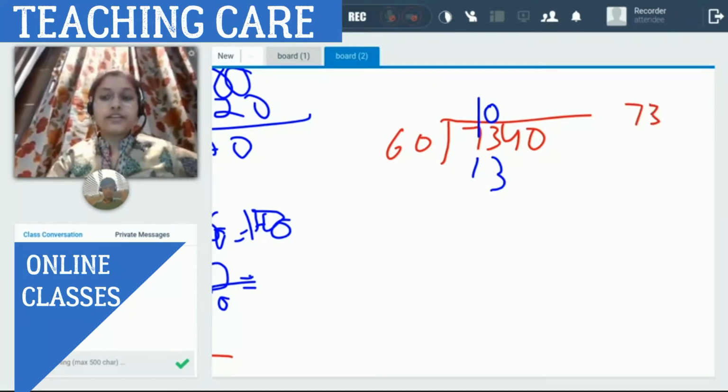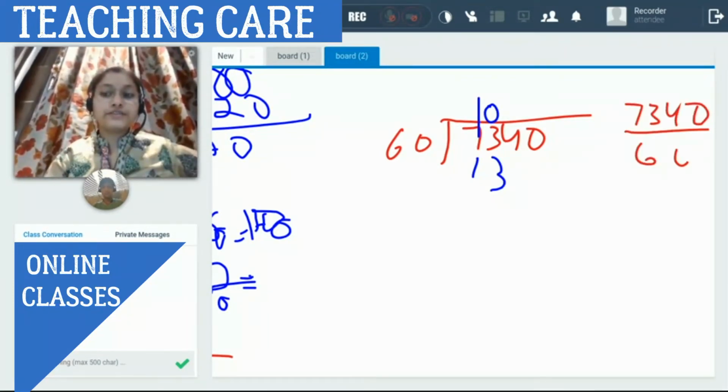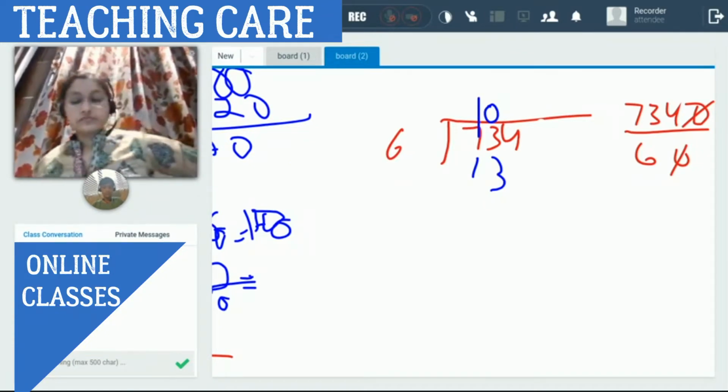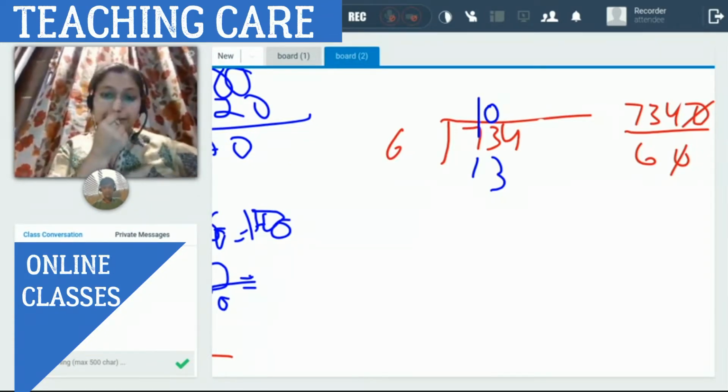To make it easy, one thing we can do: 7340 divided by 60, we can cancel out the 0 over here. Then the calculation will be a bit easy for you. Now you have to divide 734 by 6.